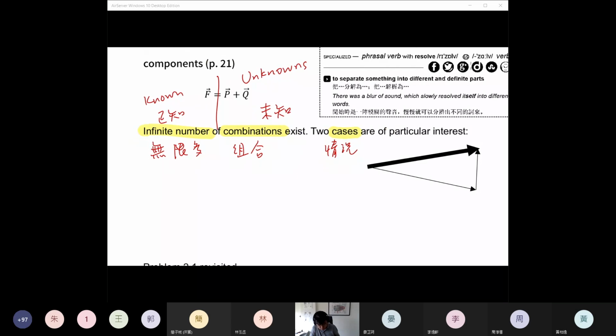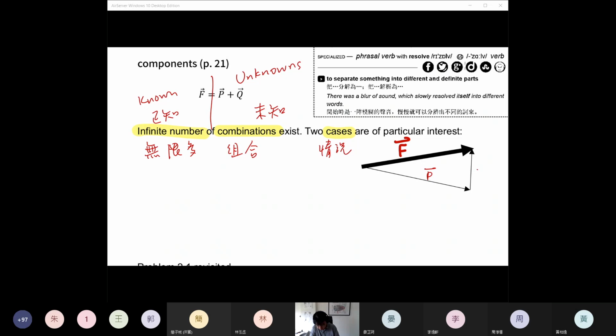Here one is F, for example, and these are P and Q. Of course, you can draw another set of P and Q like this. I think you can imagine this, right? Therefore, we only take 2 cases.